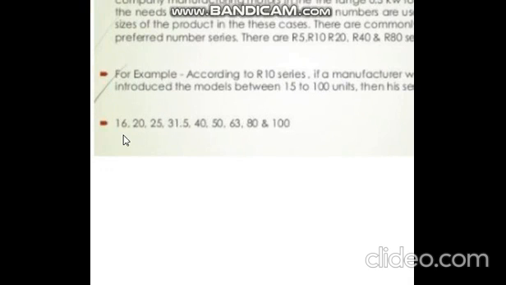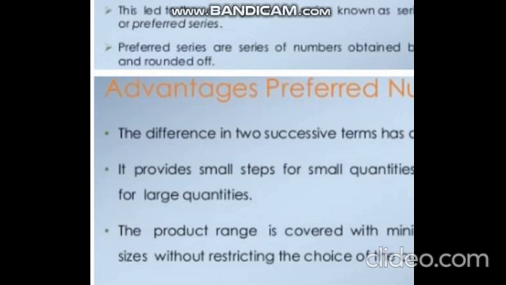So he will choose like this: 16, 20, 25, 31.5, 40, 50, 63, 80, and 100. You see, from where are you getting this? You are getting it from this R10 series. All these things will be available in the tables, in the data books.